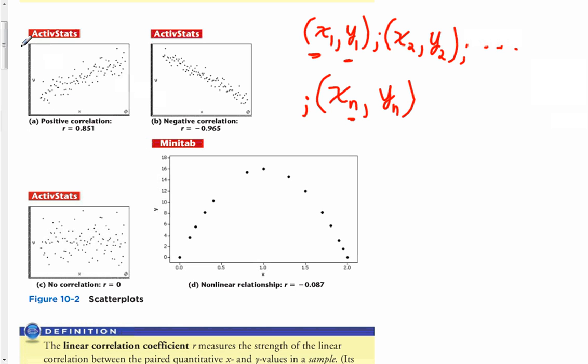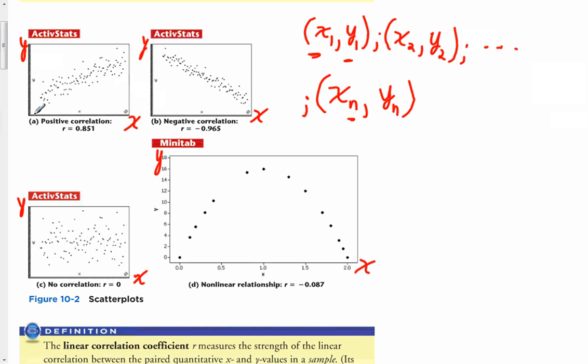Here would be the y-axis, here would be the x-axis, and each one of these points comes from graphing the x value and the corresponding y value as ordered pairs in the rectangular coordinate system. So these are all just rectangular coordinates. We have y-axis and x-axis for all. And as you see, in some cases, the x values and the y values have some kind of relationship.